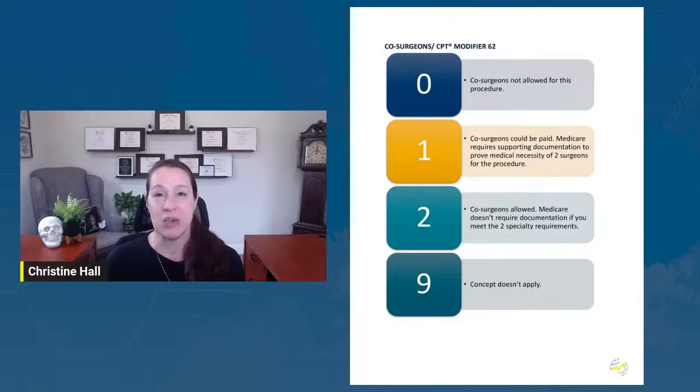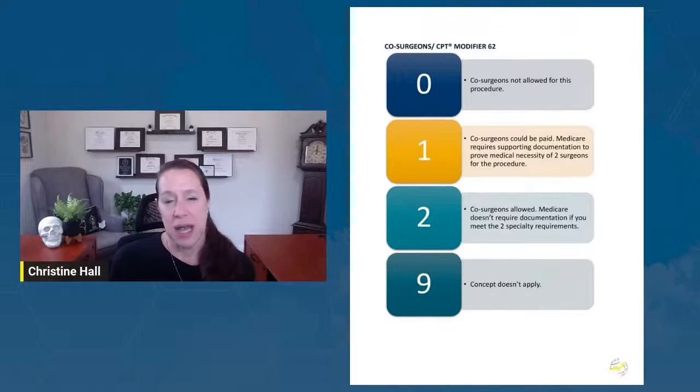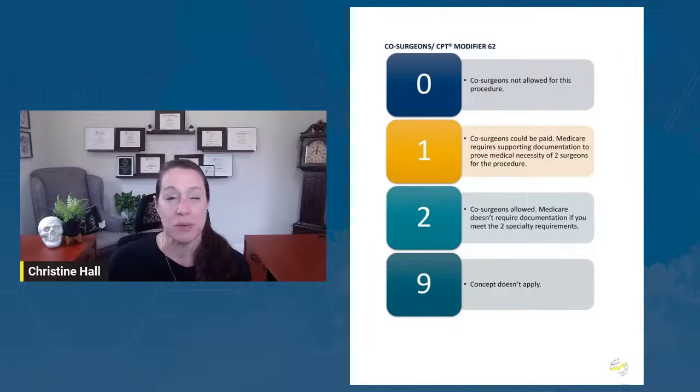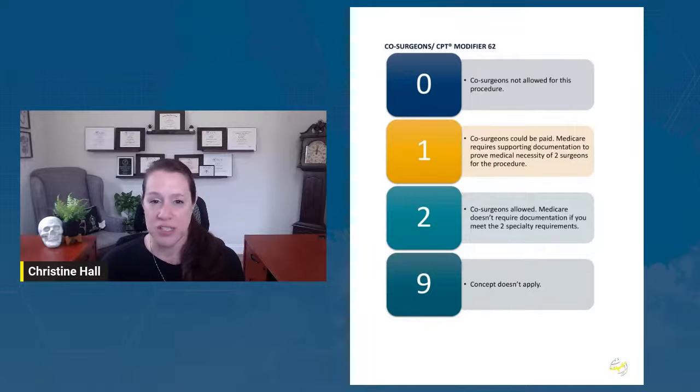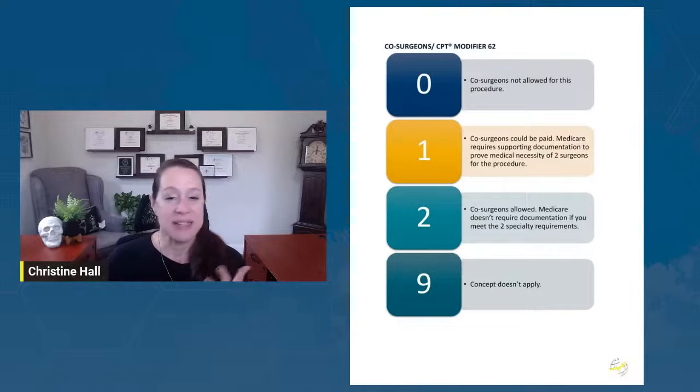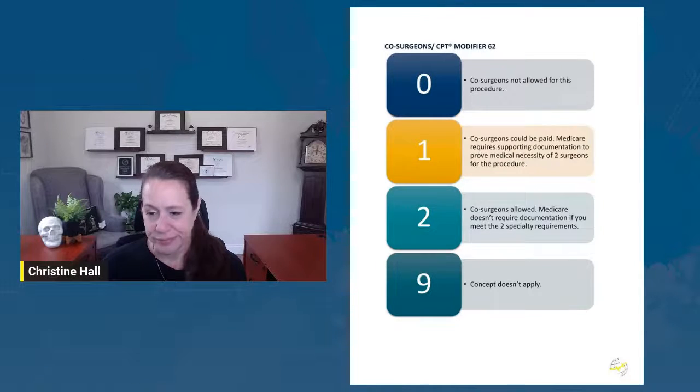So again, maybe you have someone who's having a cancer resection. You might have the general surgeon coming in to remove the cancerous tissue, and a plastic surgeon going in to do the repair. Both different specialties, both of them providing significant components of one procedure there. And 9 means that the concept doesn't apply.